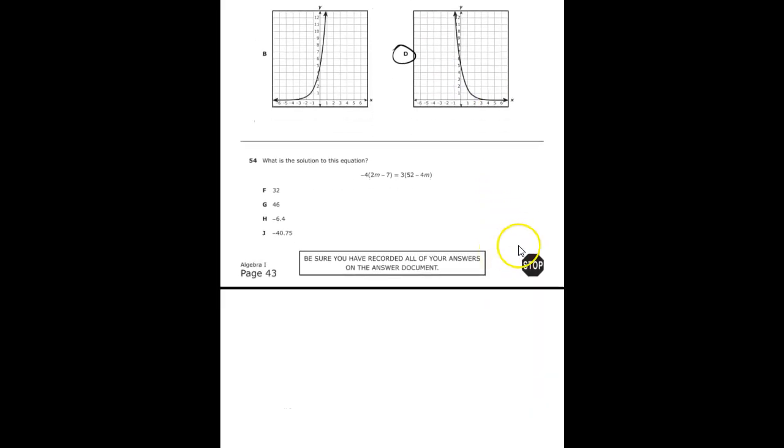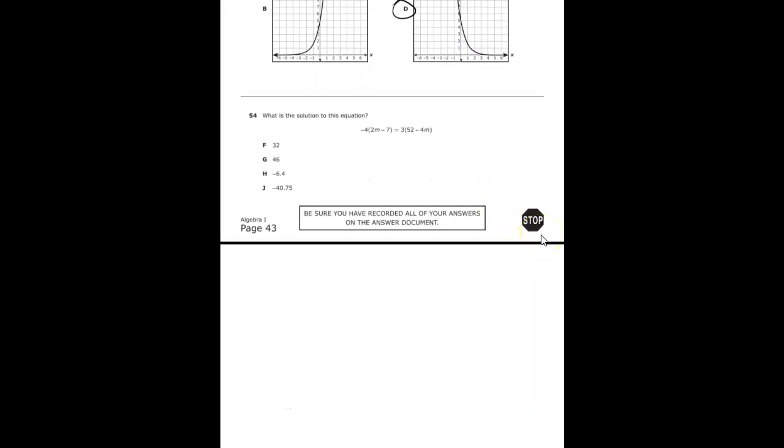What is the solution to this equation? So like we did earlier, we're going to PEMDAS this and distribute. So negative 8m plus 28 equal to 156 minus 12m. So let's go ahead and add 12m to both sides.